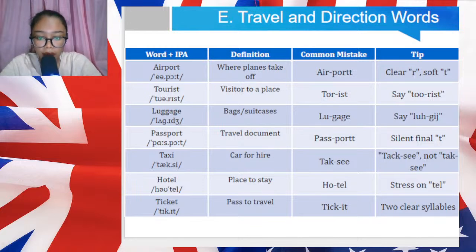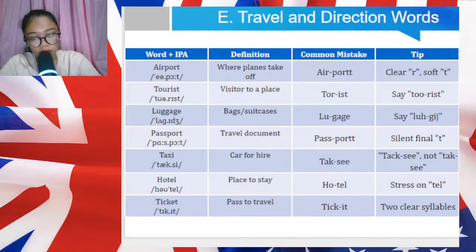So again, in tourist, you can tell if you are pronouncing the word correctly if your lips are more rounded and smaller. If it is more open from the start, then that is wrong. So it should be more rounded initially, and not too open. All right. Next we have luggage.